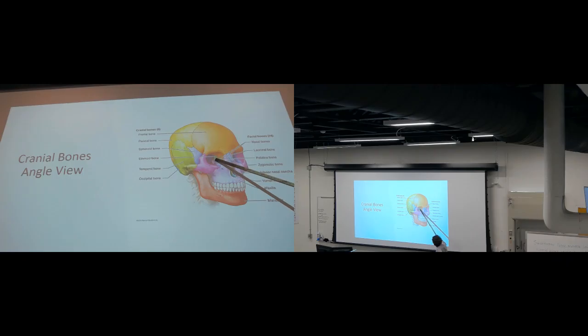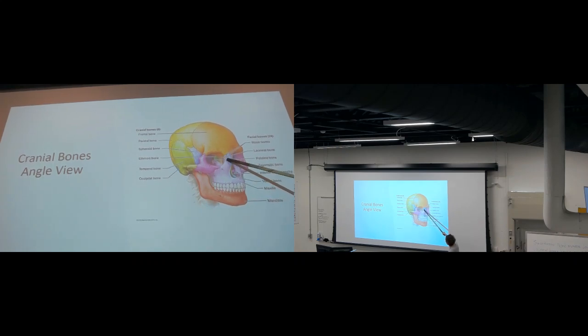Now, the ethmoid, which is here, you can see in the internal part of the orbit, but you can also see it here in the nasal cavity, superior to this bone, which is the vomer. So this is the ethmoid here and here. And then for the facial bones, we have the nasal here, just below the frontal, and medial to the maxilla, which is all this.